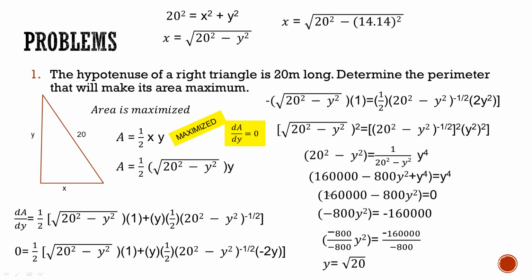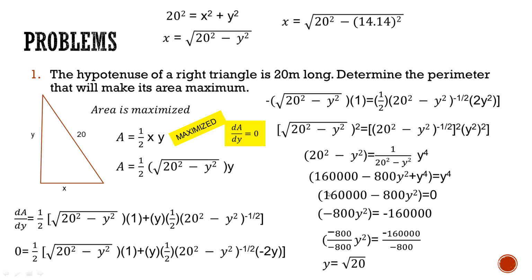Then, we will have the value of y is equal to square root of 20. And square root of 20 is actually 14.14. So, we need also to get the value of x, because we are after the perimeter.